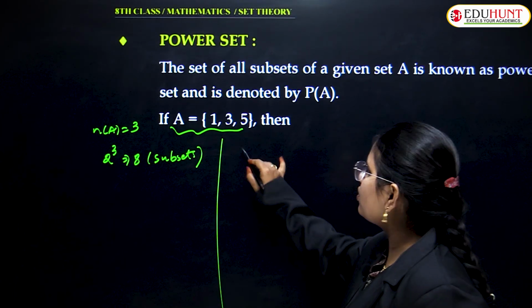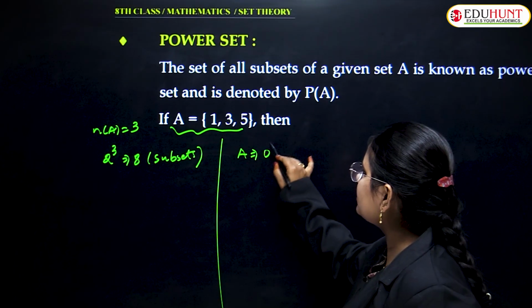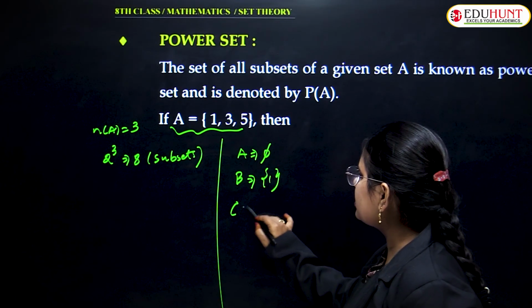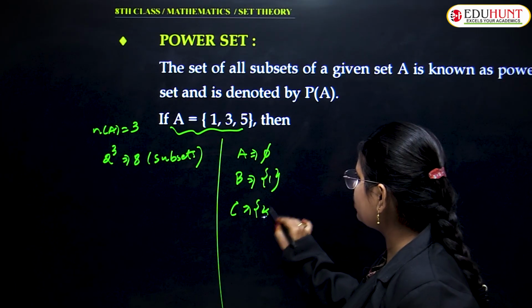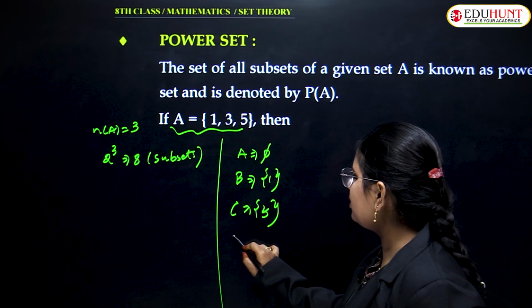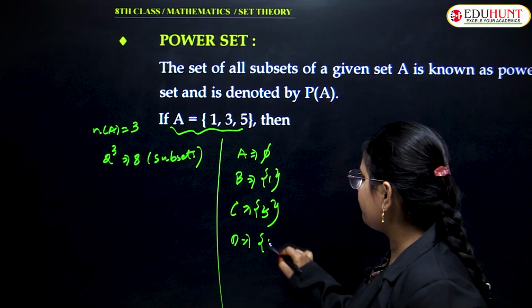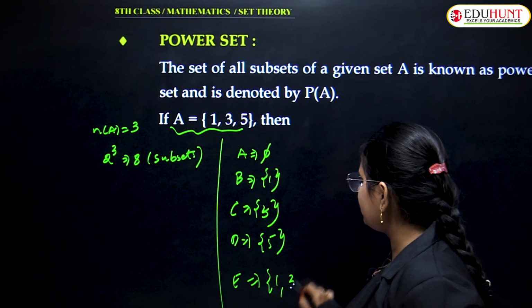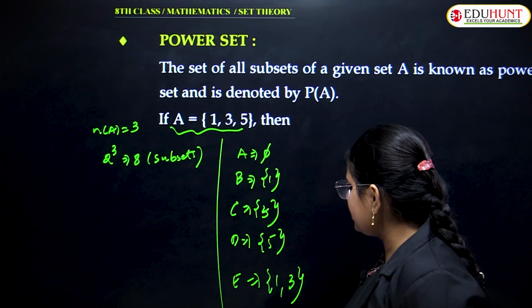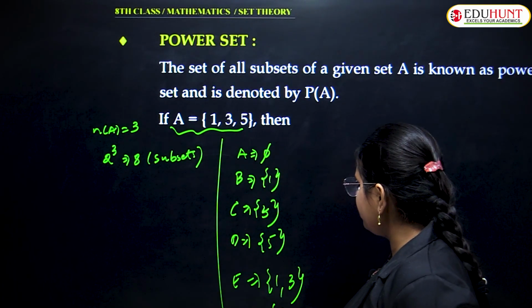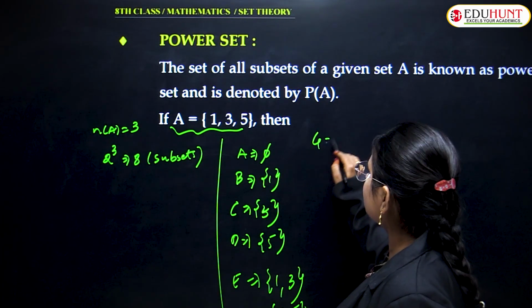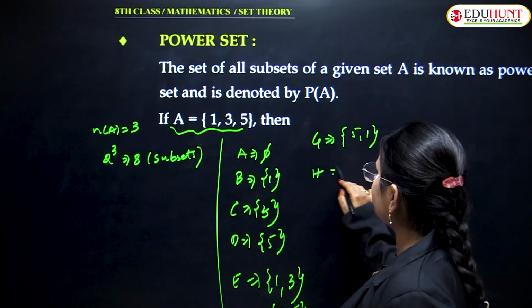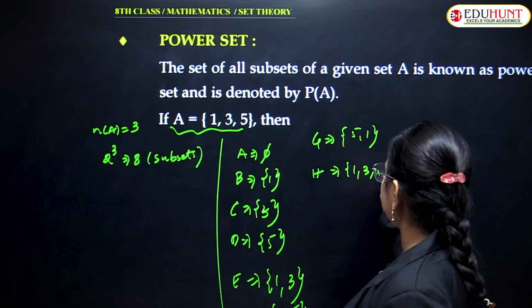The sets here are: empty set, B is equal to 1, C is equal to 3, next D is 5, E is 1 comma 3, F is 3 comma 5, G is 5 comma 1 and H is 1 3 5.